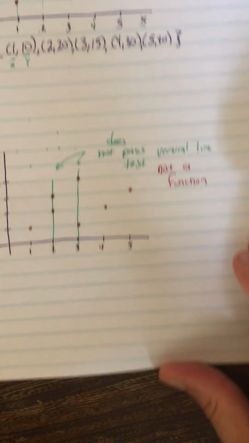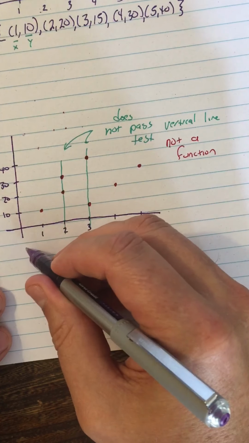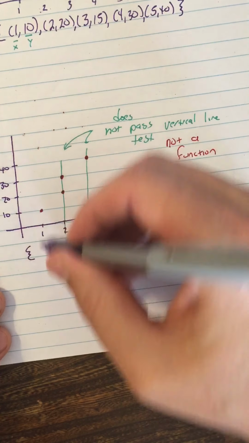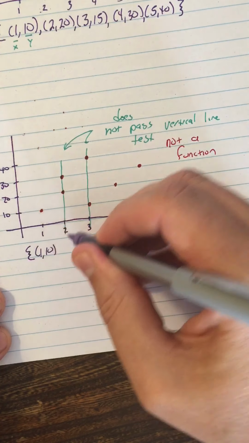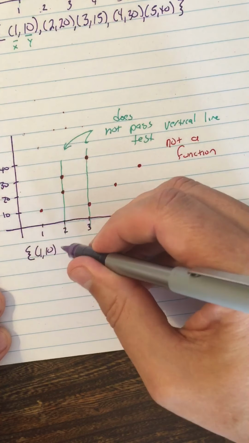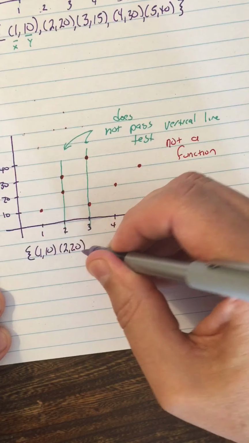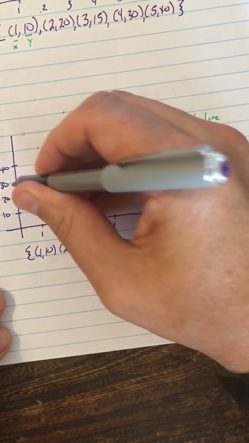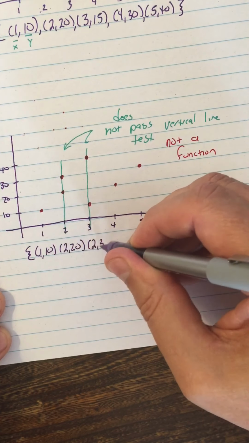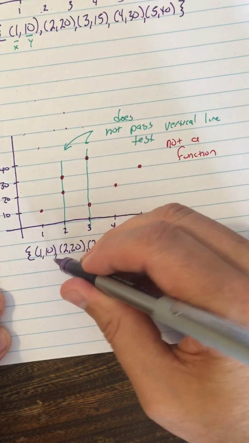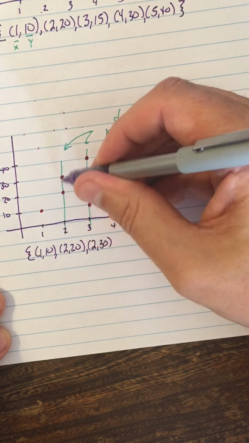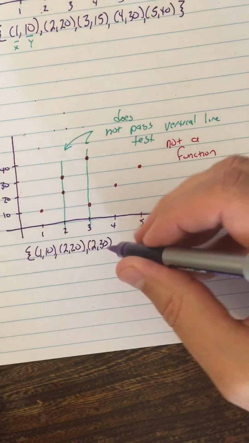We can do the same thing for this one. We can say we have (1, 10), (2, 20), but we also have (2, 30), and that's why it's not a function. So this couldn't really represent the temperature because we would have two different temperatures at the same time. It's impossible.